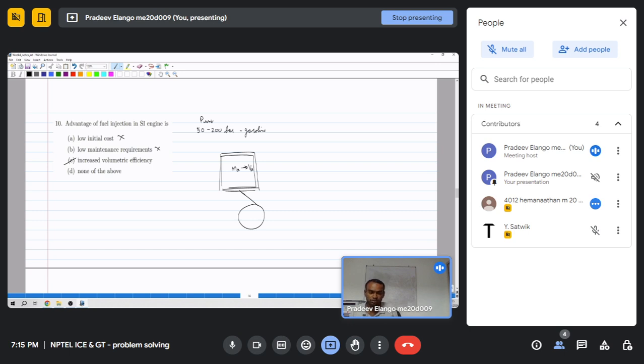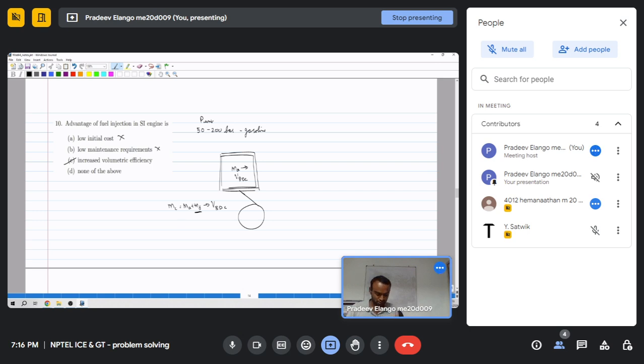But in the case of manifold injection, you had the mass of charge, which is ma plus the mass of fuel, totally corresponding to the volume at BDC. Now the mass of fuel is not added initially.